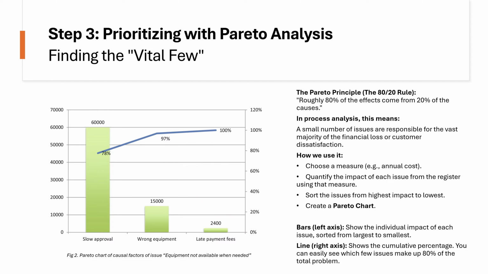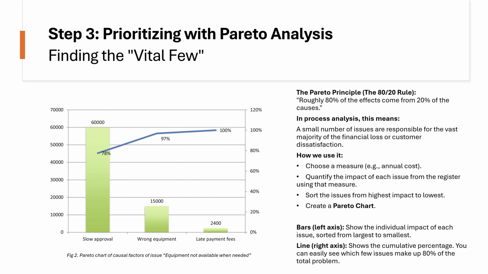With the issue register complete, we apply the Pareto principle, or the 80-20 rule. In business processes, this means a small minority of issues are responsible for the vast majority of the cost or dissatisfaction. The chart on the slide shows unnecessary rental expenditure.